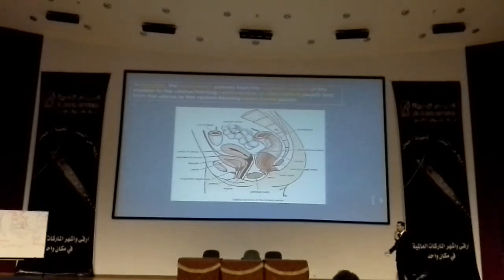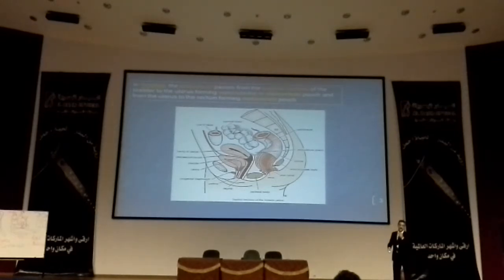But what's the name of this pouch? This is the pouch between the urinary bladder and what? The uterus. And you know that the urinary bladder is considered to be like a vesicle, because it contains urine fluid. So this pouch is called the uterovesical pouch.